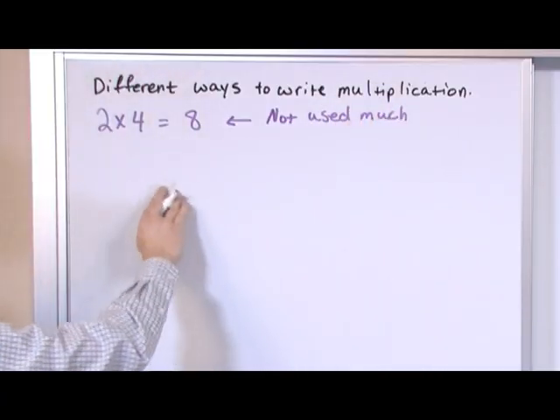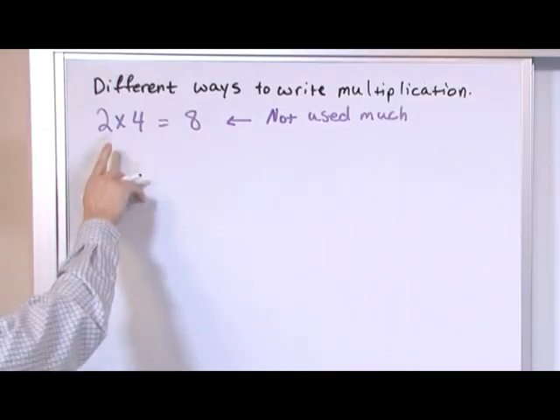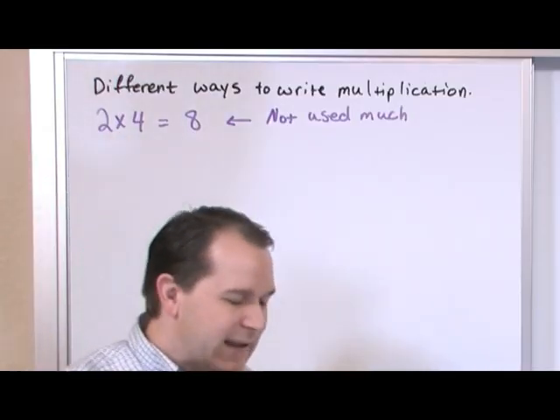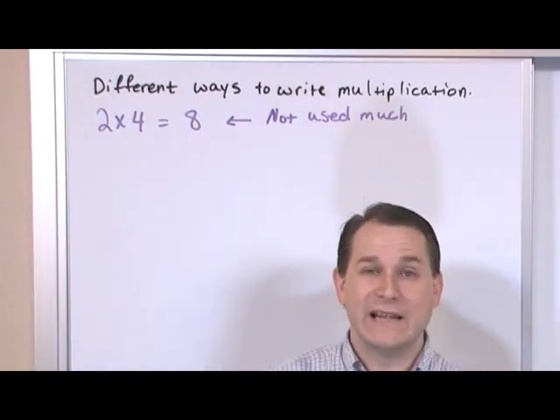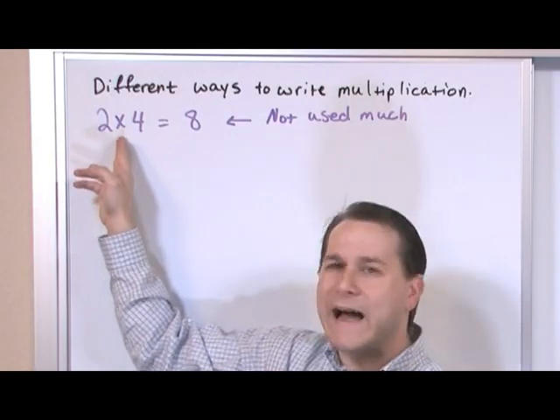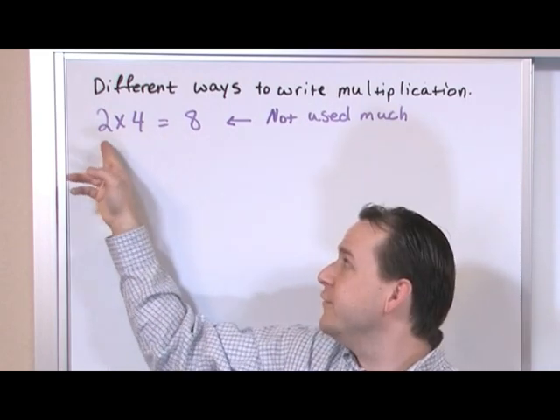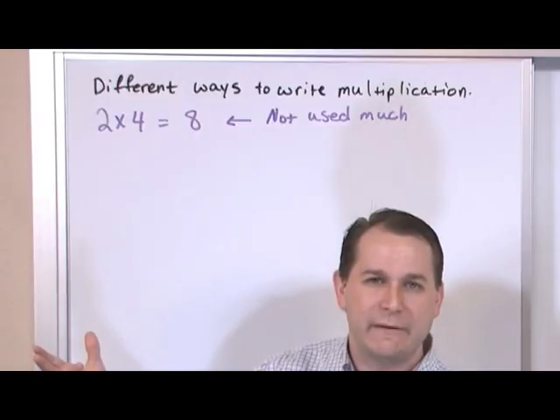The reason we don't use this very much when we start to work in pre-algebra is because of this x here. Later on we're going to start using letters to represent numbers. So when I write this, I don't know if this is 2 times 4 is 8, or if this is 2x4, x being a variable.